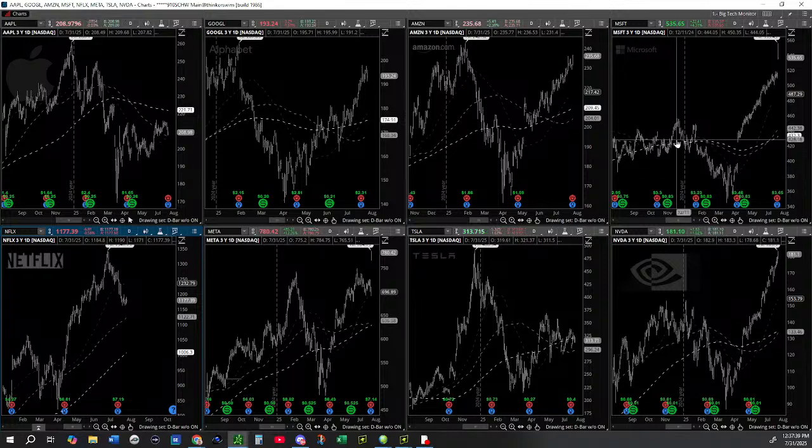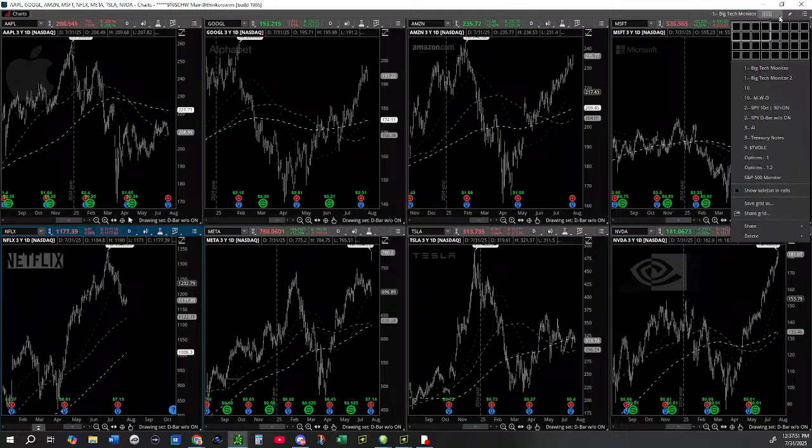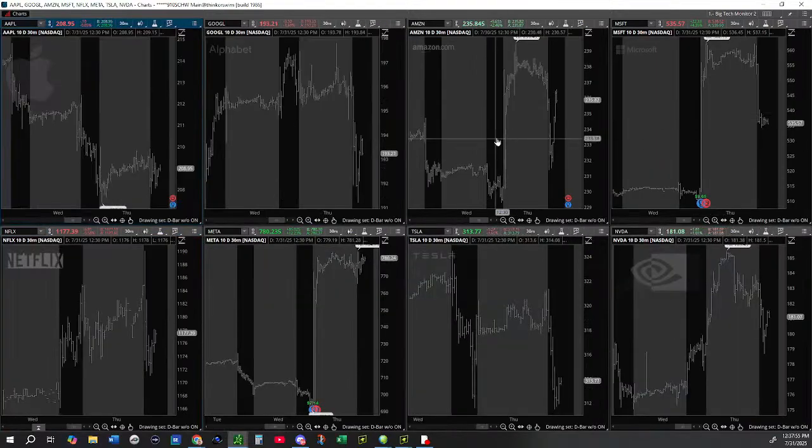But Meta and Microsoft are really, I think, how close? No, Meta is closer than Microsoft. But what I want to highlight from this chart is what happened with Amazon. Is what we have today, right?